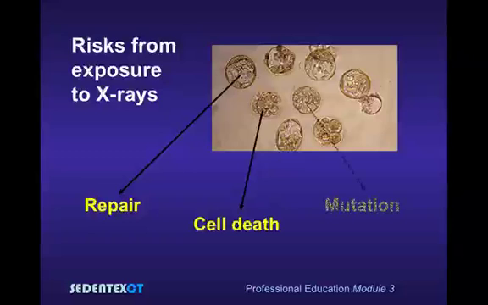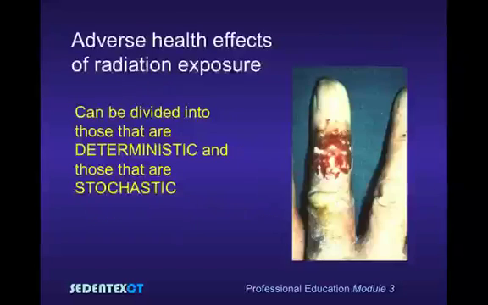The third possibility is that the DNA is altered into a mutation, and that can have long-lasting effects. So it's mutation that we're particularly concerned about. Here's an unusual picture. This is the hand of a radiographer.